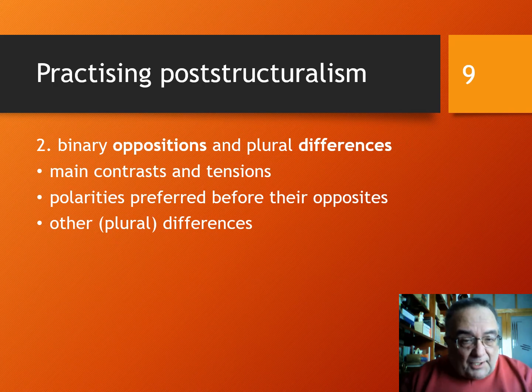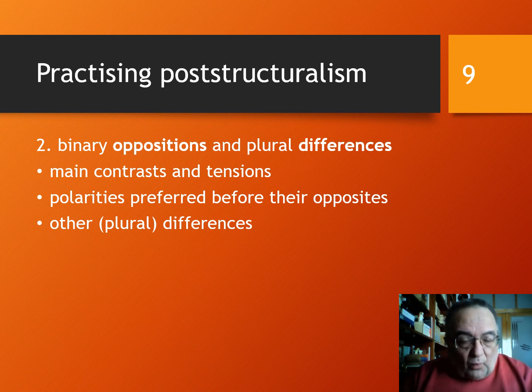The second thing which we have to take into consideration is binary oppositions and differences. So what makes these things different from each other? So the contrast: this one is big, this one is small. Does this create any tension between the fact that this object is small and this object is big?